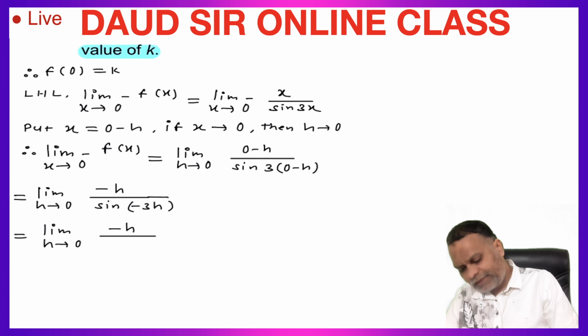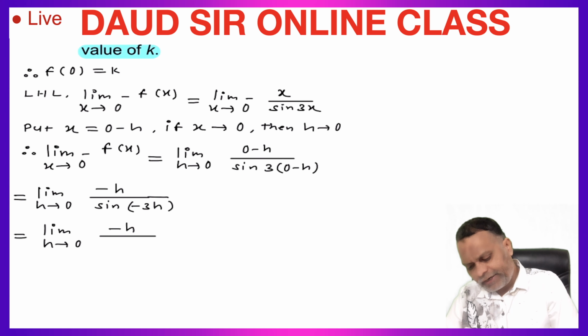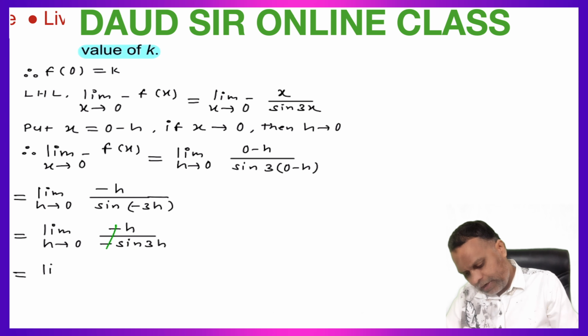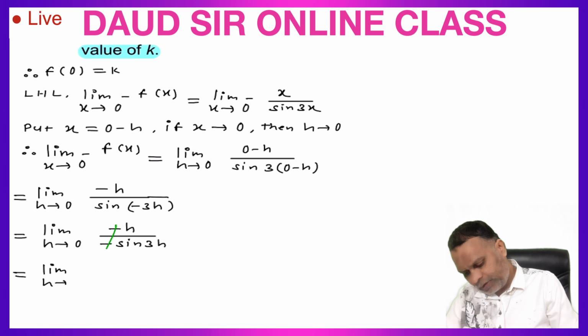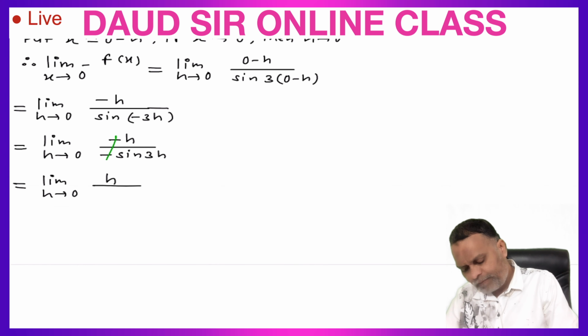This minus theta lies in the fourth quadrant. In the fourth quadrant, sine is negative, so minus sine 3h. This minus minus cancelled, which is equal to limit h tends to 0, h upon sine 3h.